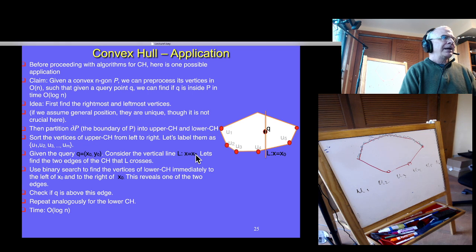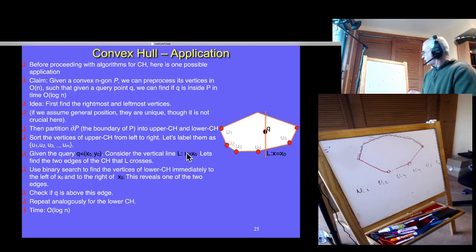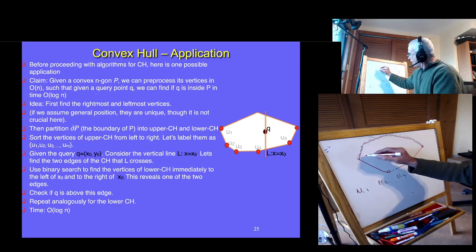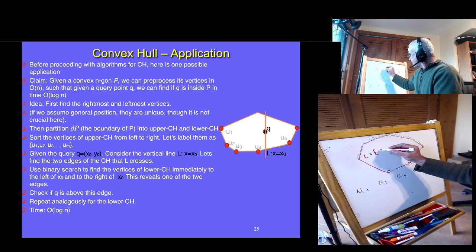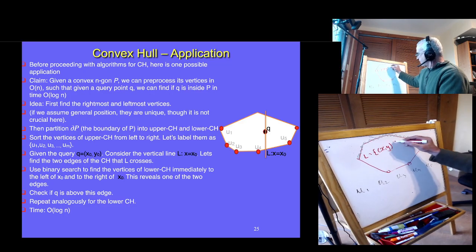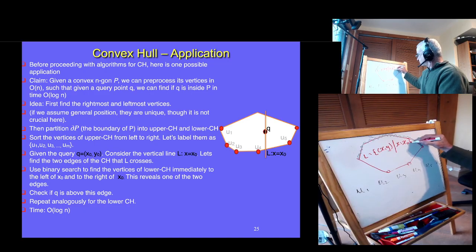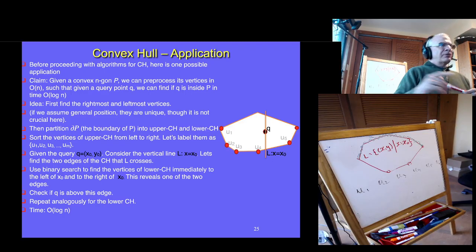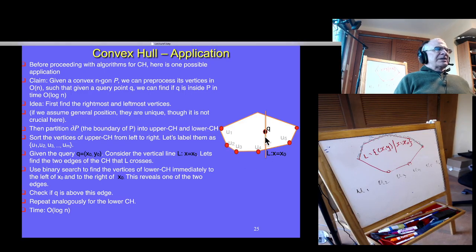This is a vertical line that looks like this, going through Q, has the same x coordinate of Q, and this type of notation is just a shorthand of writing L, which is formally all the x and y, all the points in the plane such that x equals x0. x0 is the x coordinate of the query point. This is just this vertical line of the points such that x equals x0.